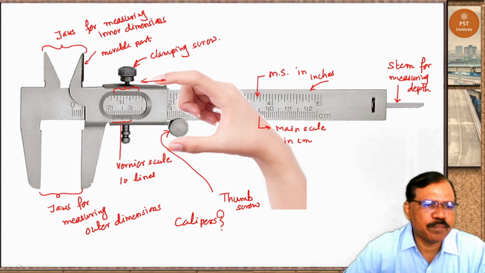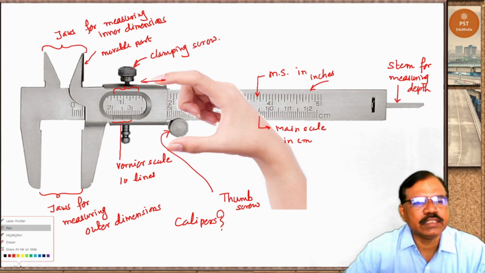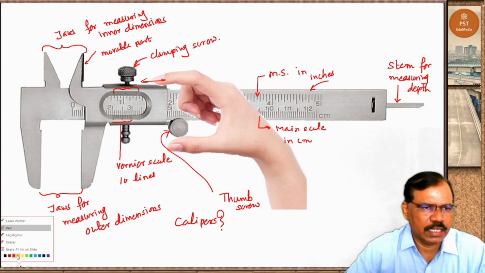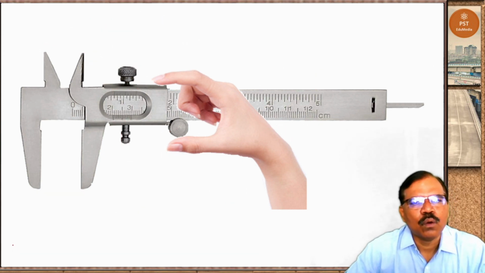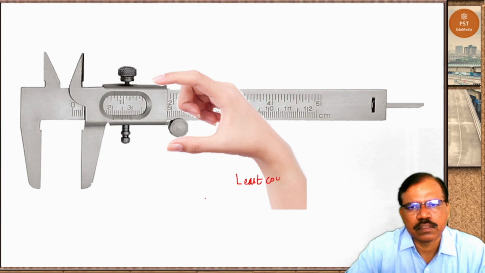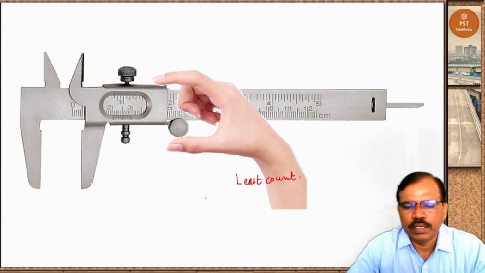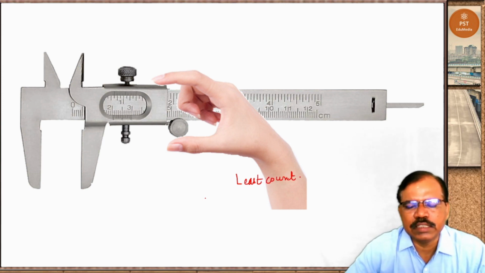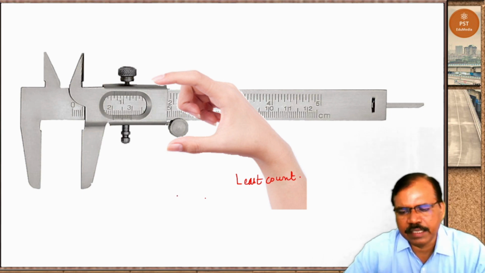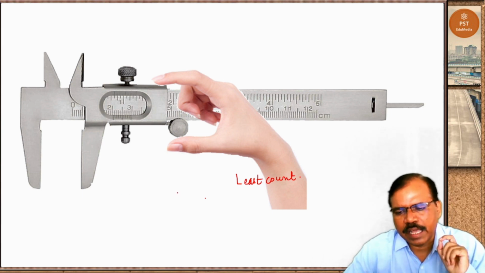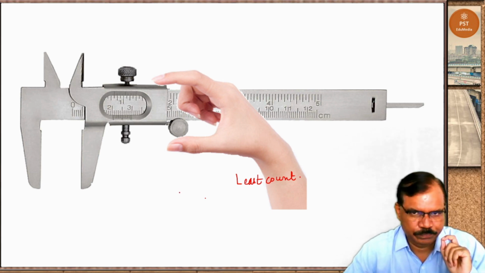Now how can we make measurements using this vernier caliper? For that purpose, we first need to know what is least count. Least count is nothing but the smallest reading which can be accurately measured with the vernier caliper.